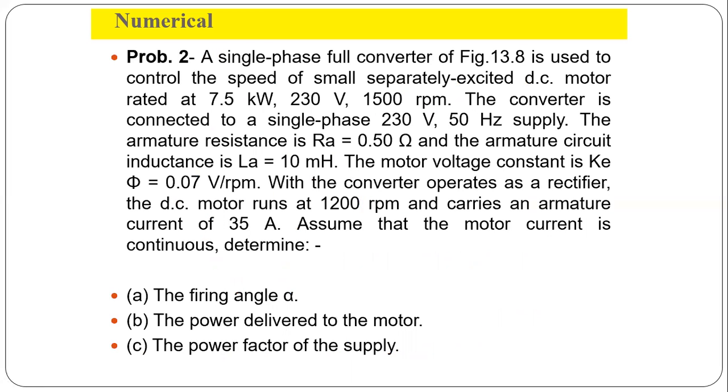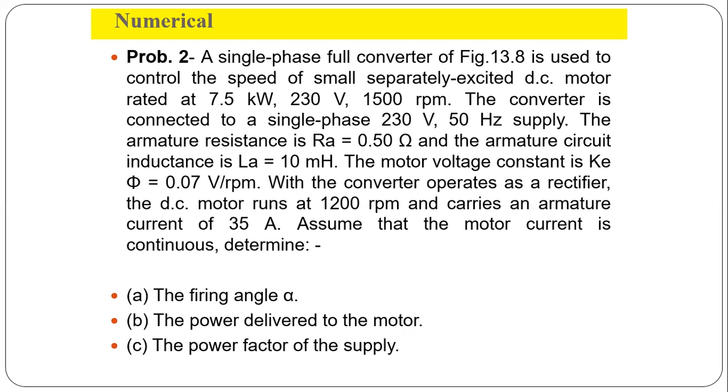The second problem is that a single phase full converter, given in this figure, is used to control the speed of a small separately excited DC motor rated at 7.5 kilowatt, 230 volt, 1500 RPM, and the converter is connected to a single phase 230 volt 50 hertz supply.